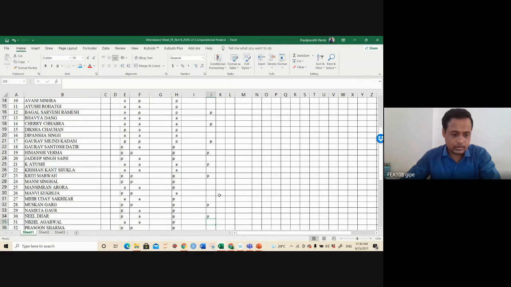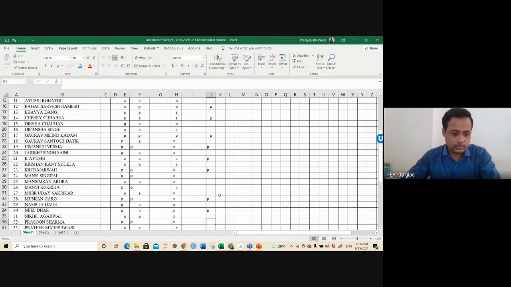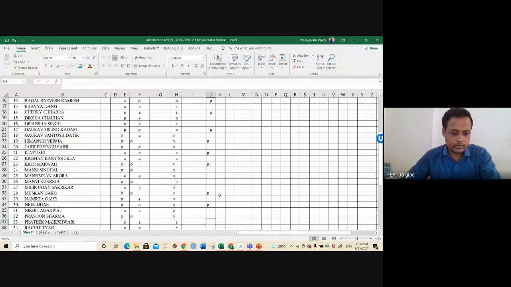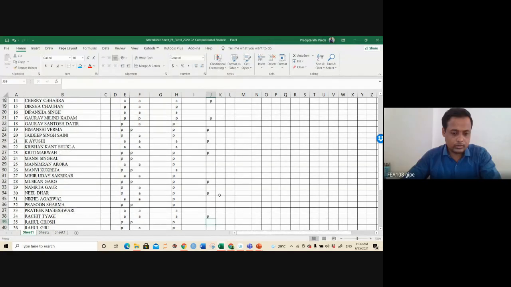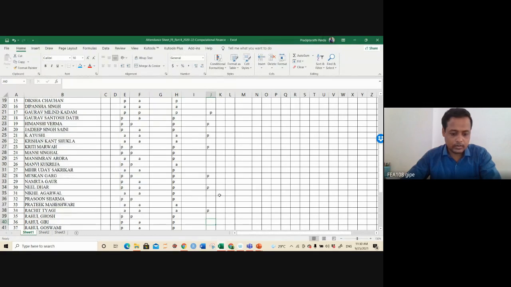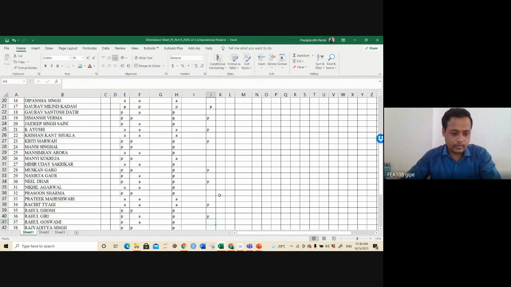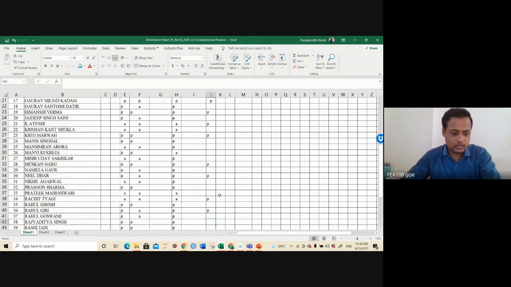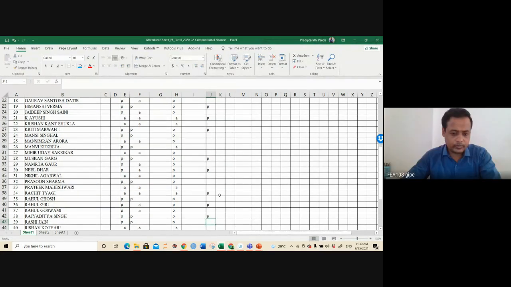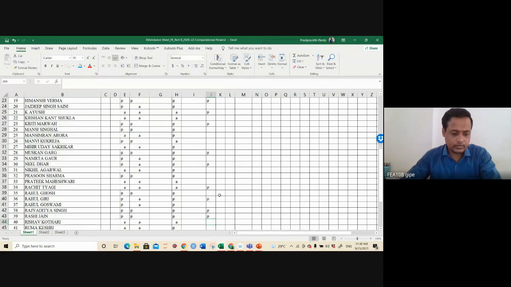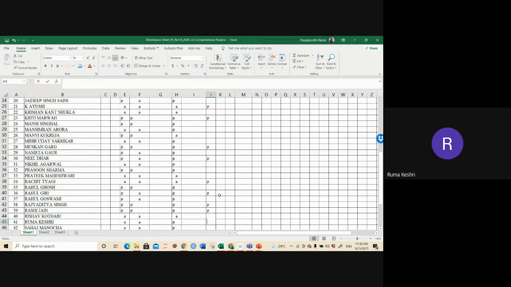Nikhil, Prasun, Pratik, Rachit, present, sir. Rahul Giri, present, sir. Rahul Goswami, Rishav, Roma, present, sir.